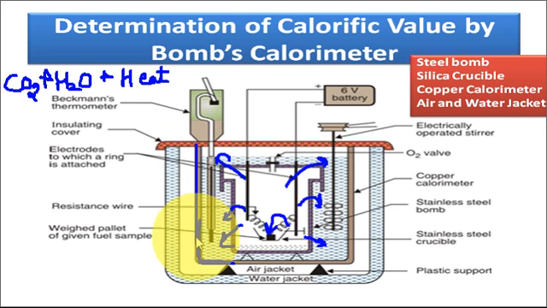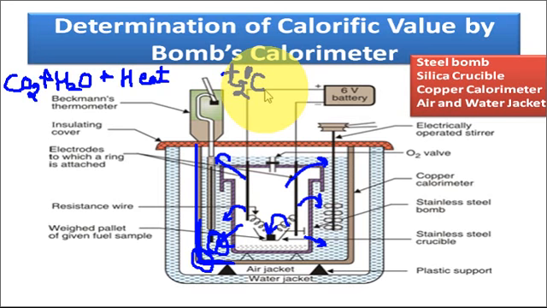So the total energy liberated by the combustion of this fuel, that is its calorific value, is absorbed by two things: first the water in the calorimeter, and second the copper calorimeter itself. After the complete combustion reaction, we noted the final temperature T2 degree centigrade in the Beckmann's thermometer.